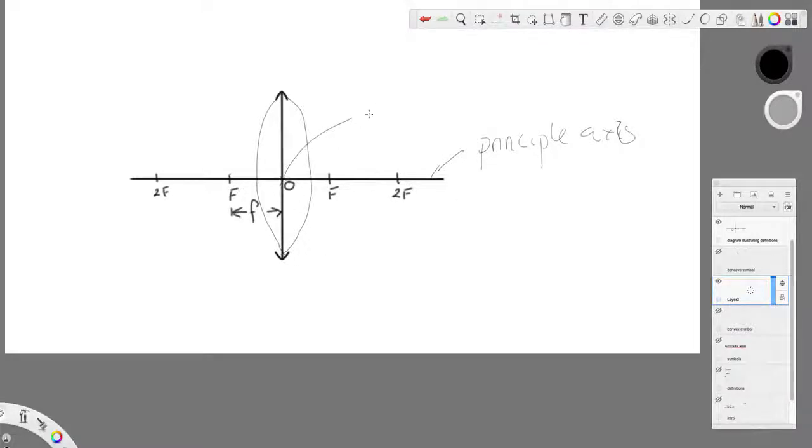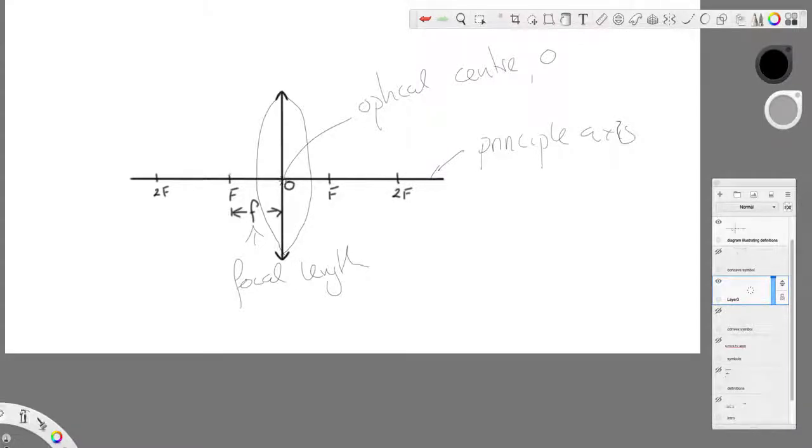This is my optical center, which we called O. This is my focal length. This is 2f, which is twice as far away from here as the principal focus. So that's all of those definitions pretty much combined into one diagram. Principal axis, which runs horizontally through the optical center, which is the middle of the lens.